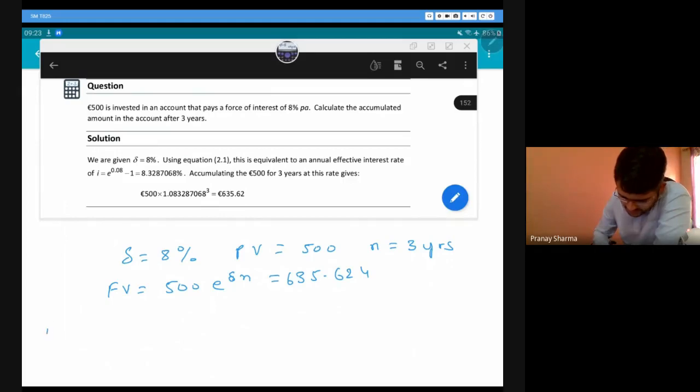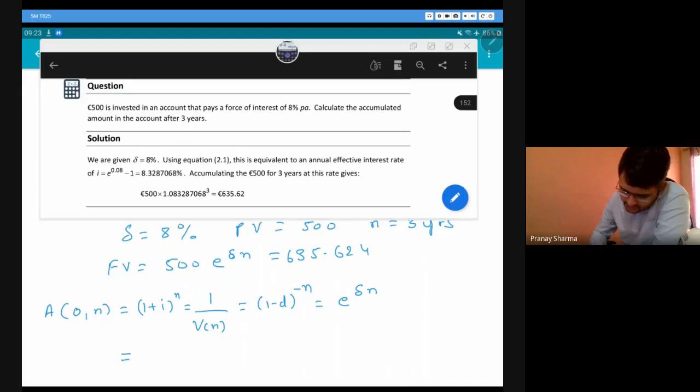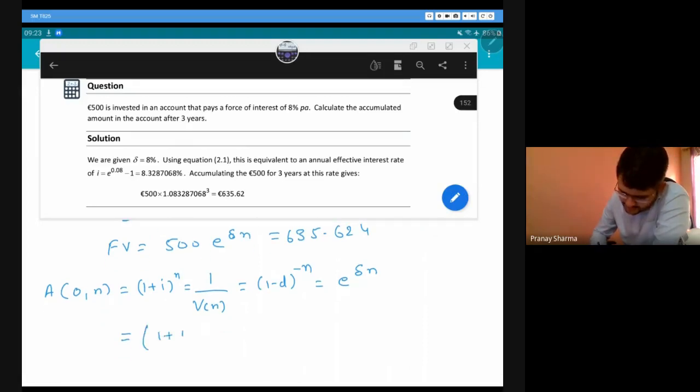So accordingly, my accumulation factor from 0 to n, that was (1 plus i) raised to n, was also equal to 1 by my discounting factor, which is (1 minus d) raised to minus n, is also equal to e raised to delta n, is also equal to (1 plus i^(p) by p) the whole raised to pn, also equal to (1 minus d^(p) by p) the whole raised to minus pn.